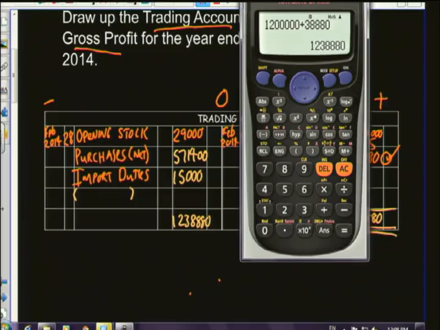On the debit side, obviously, guys, let's transfer the total on the debit side, 1,238,880. I'm now subtracting my 15,000 minus 571,400. Just fix that.